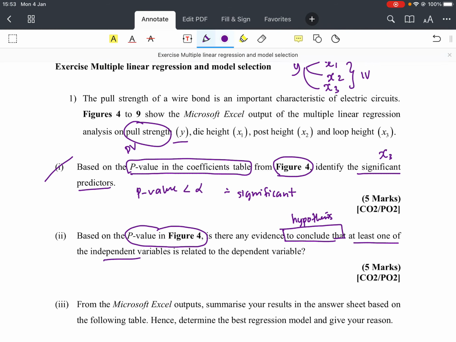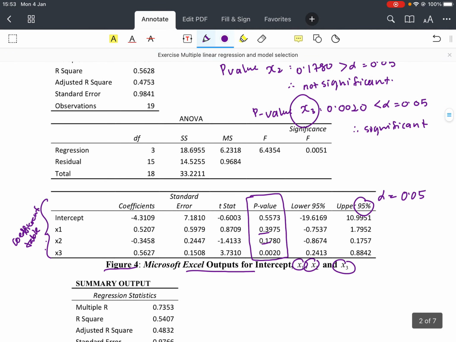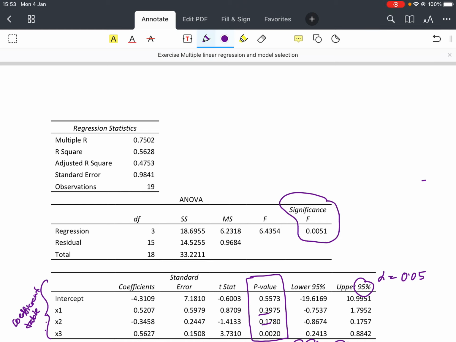We want to test whether there is any relationship between the variables. So the p-value in figure 4 here is the Significance F. Because we want to test, we will use the ANOVA table. So the Significance F here is your p-value.